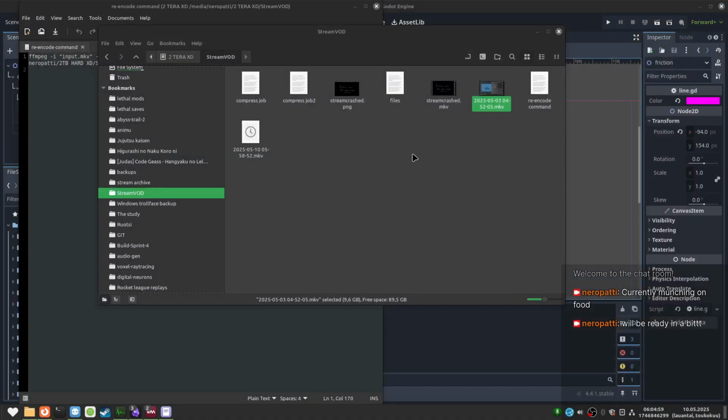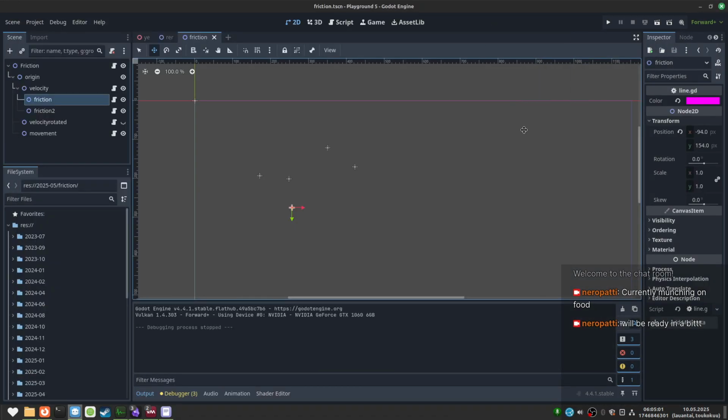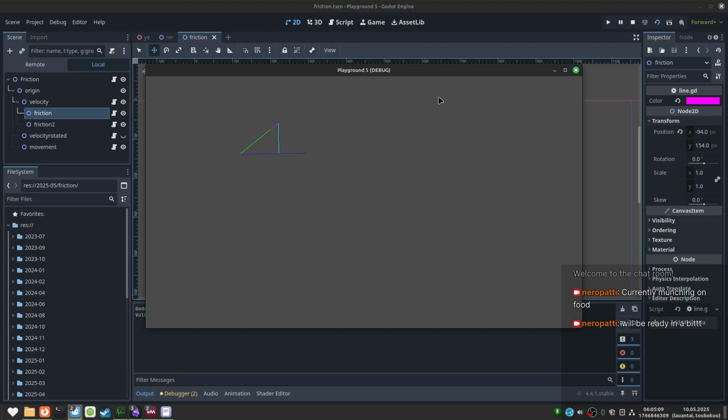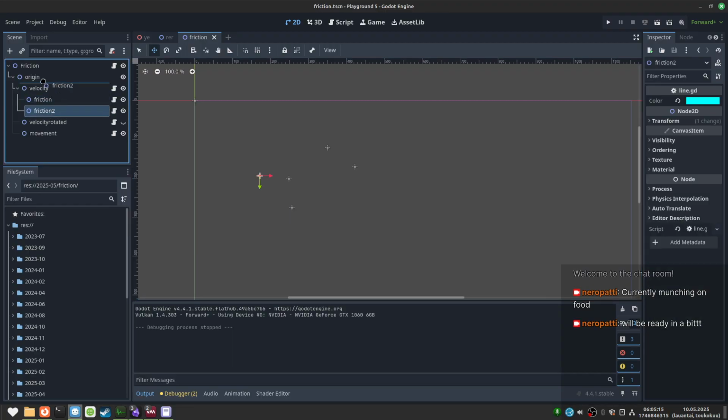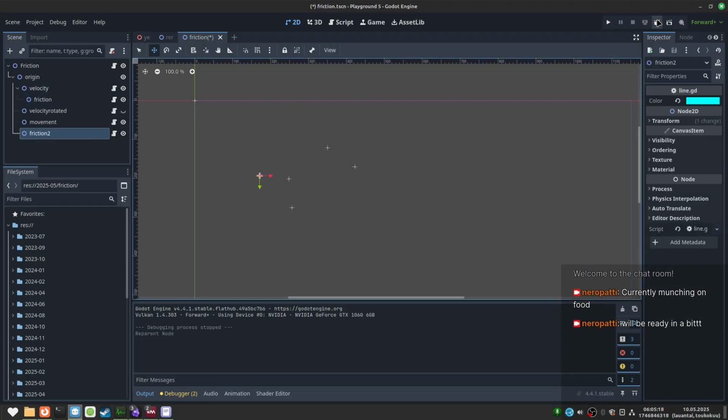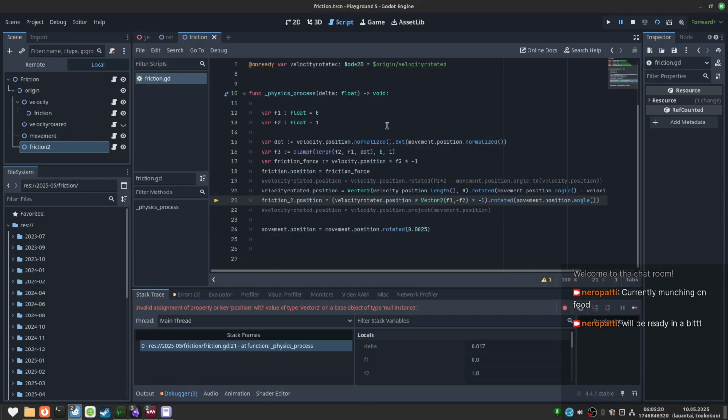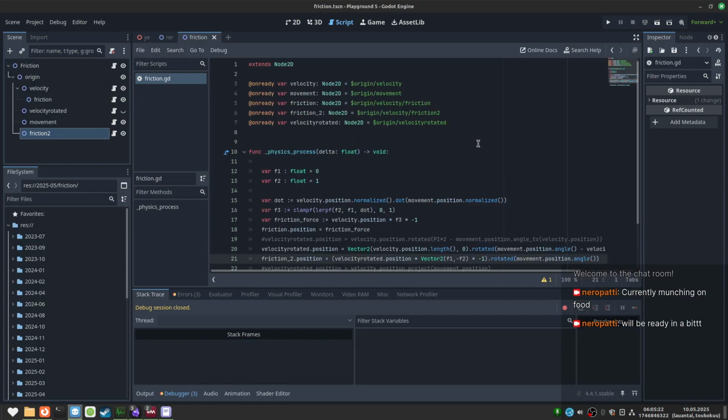Cool. Anyway, this is my debug city right here. And, yeah, I meant to reparent this. Let's fix that.